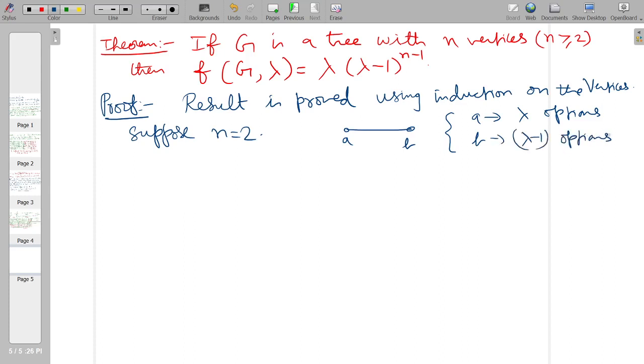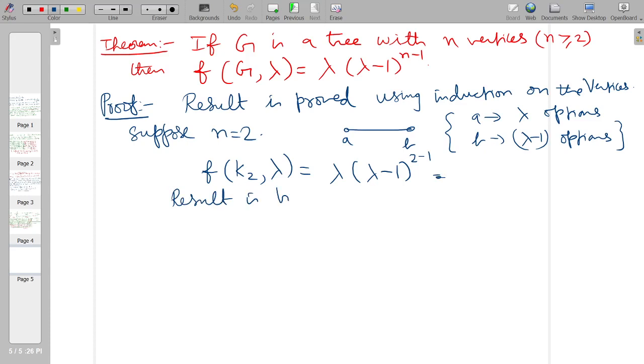So this will be the possible case. So f of K2 comma lambda would be lambda into lambda minus 1, and I can write this as lambda into (lambda minus 1) whole power 2 minus 1, and the result is true when n is equal to 2.